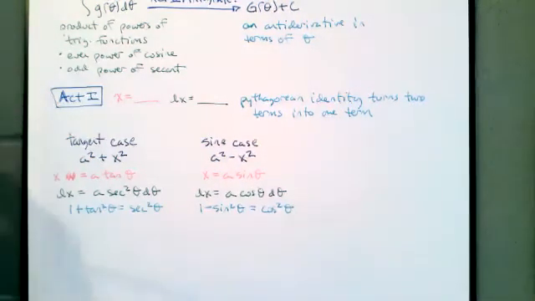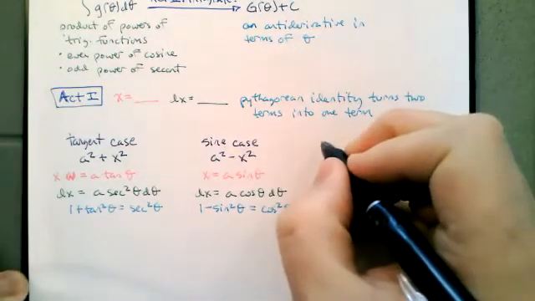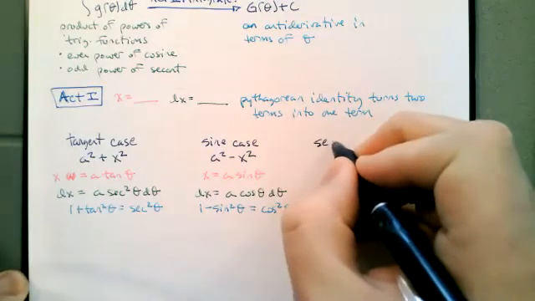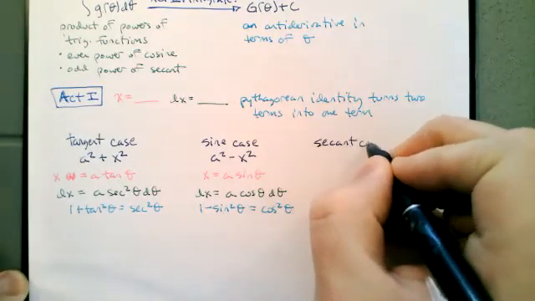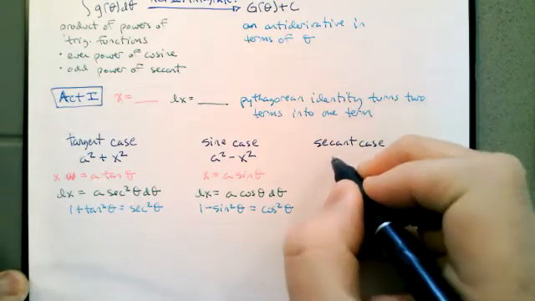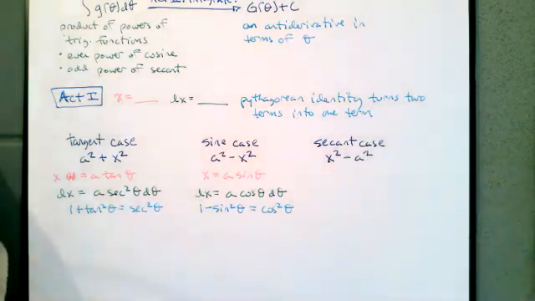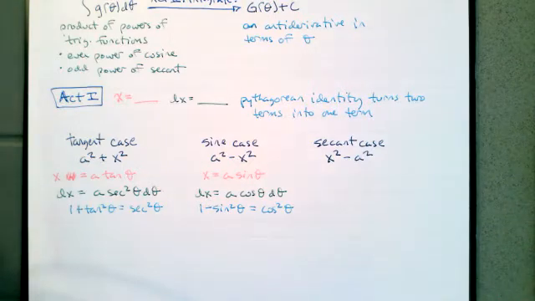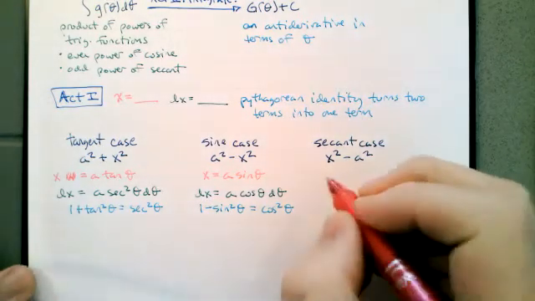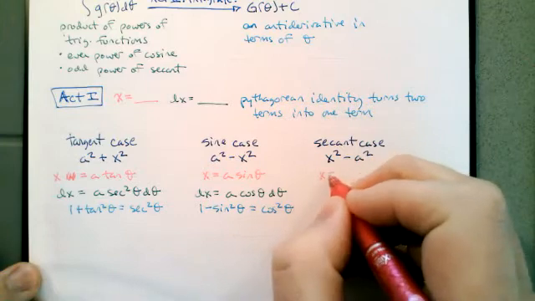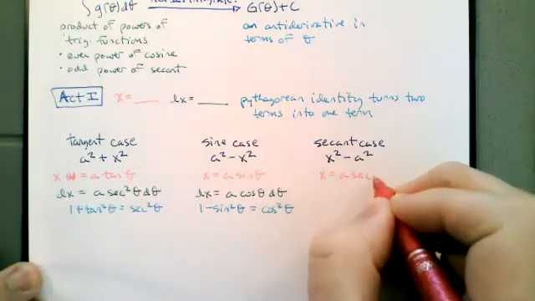And finally, we have the secant case. This is where the x is positive and the a is negative, so x squared minus a squared. This is the case where we use x equals a secant theta.